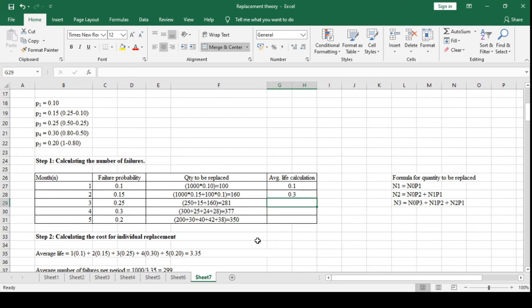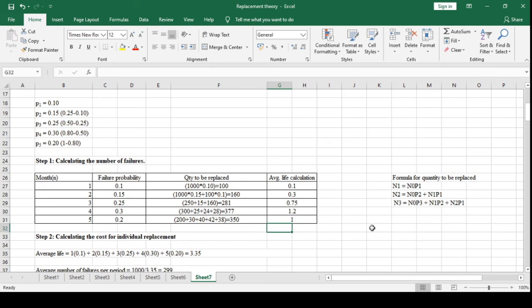For the third, that is 0.25 multiplied by 3, so 0.75. Then 0.3 multiplied by 4, that is 1.20. And for the last, 0.2 multiplied by 5, so that is exactly 1.